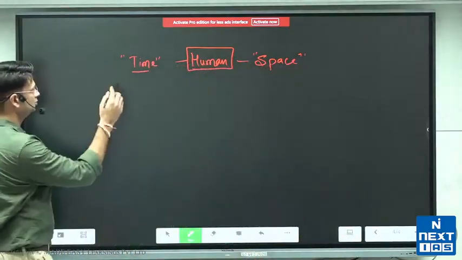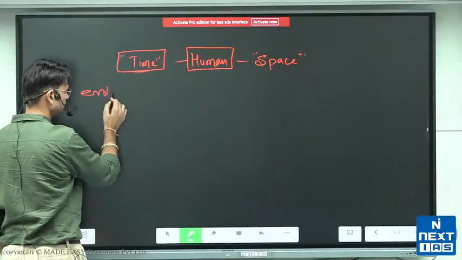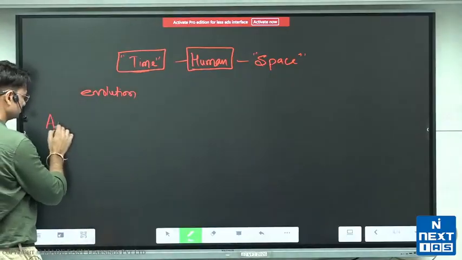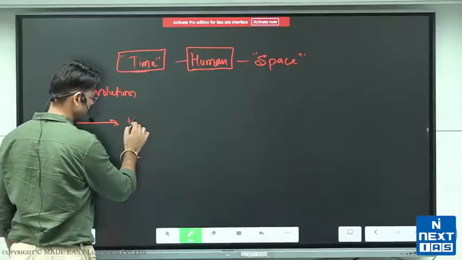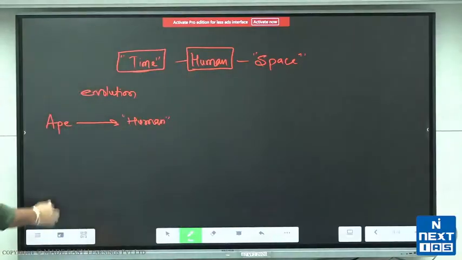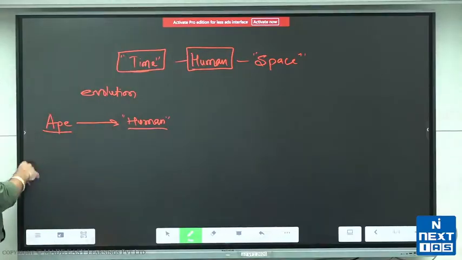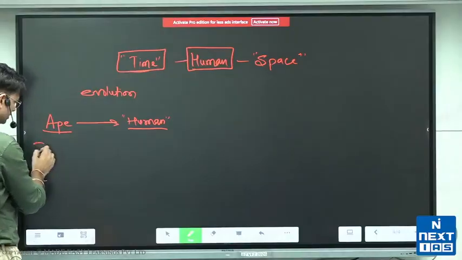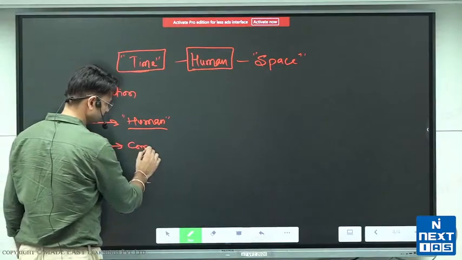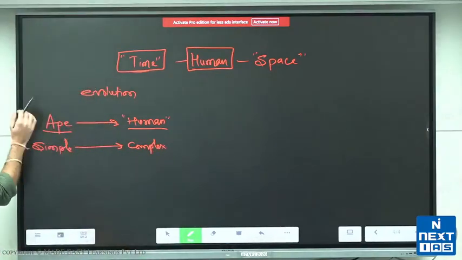When we look at human over time, that means we are trying to understand evolution of humans, from ape to human. That's our main goal. We try to understand evolution of human society from primitive to advanced, from simple society to the complex society. We try to understand the evolution of language also.